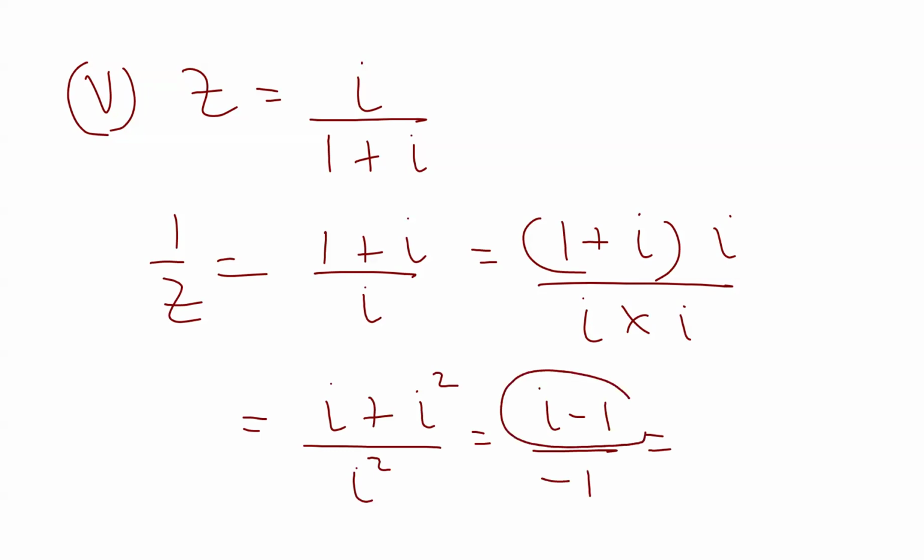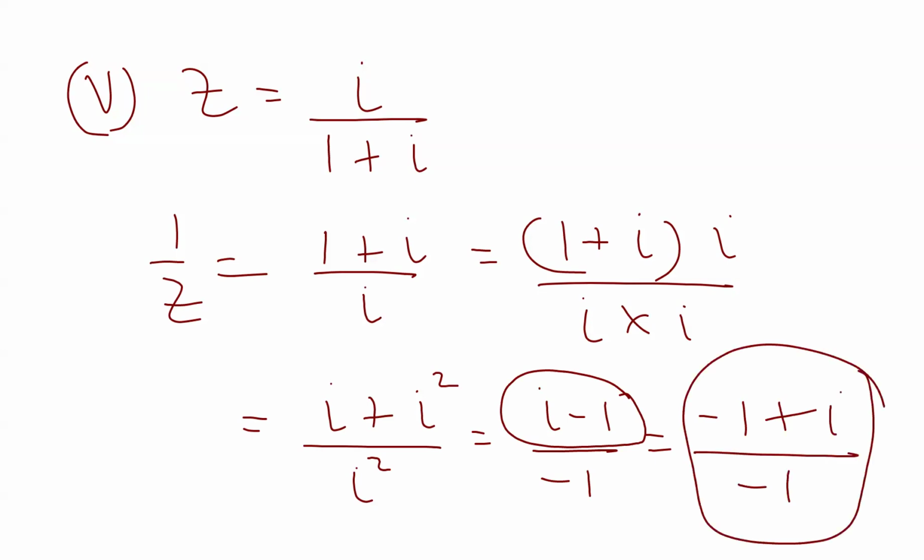First write down the real part, and then the imaginary part. So divide minus 1 throughout. This is going to be minus 1 upon minus 1 plus i upon minus 1. So 1 minus i. So this is the value of 1 by z. Okay, the fifth one is done.